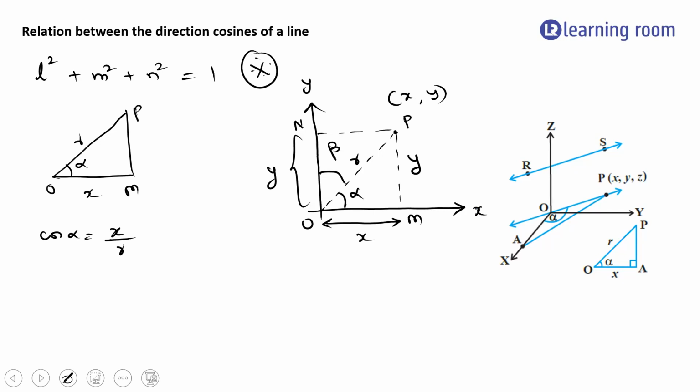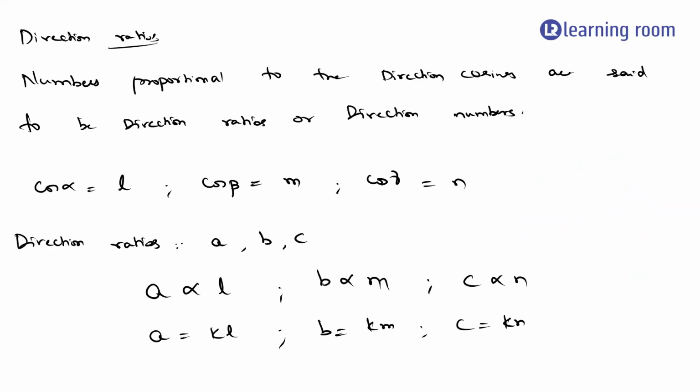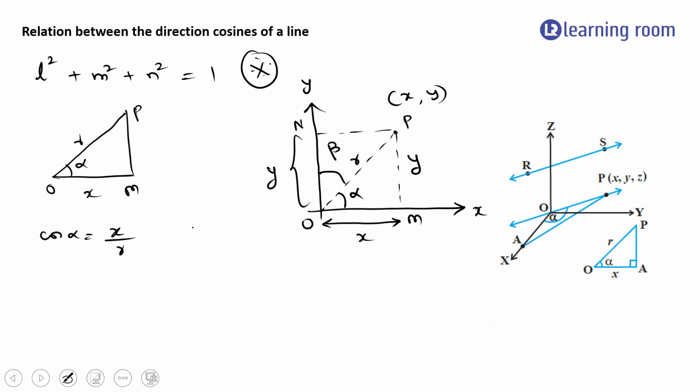Correct? Similarly, if I take the triangle ONP, if this angle is going to be beta, this is y and this is going to be r.